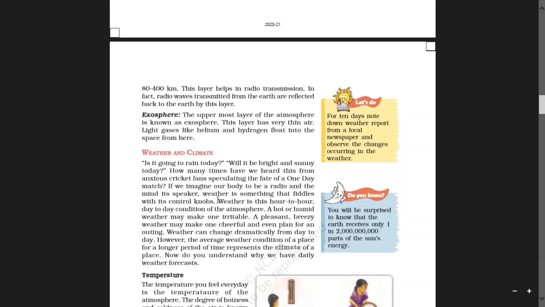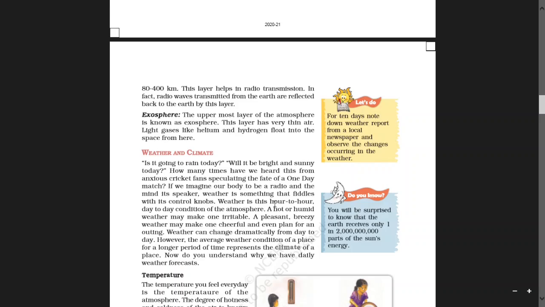Speculating means contemplating. Fiddles means to move or handle with the hands or fingers in a nervous way, like turning the volume low or high on a radio or TV.